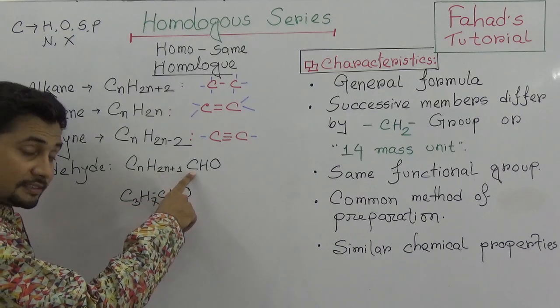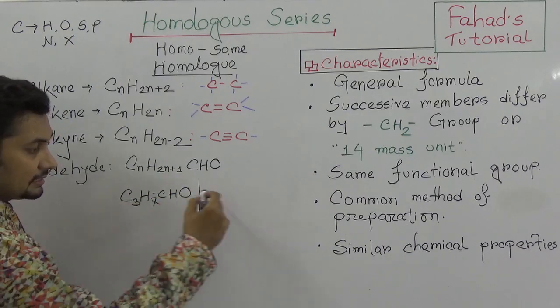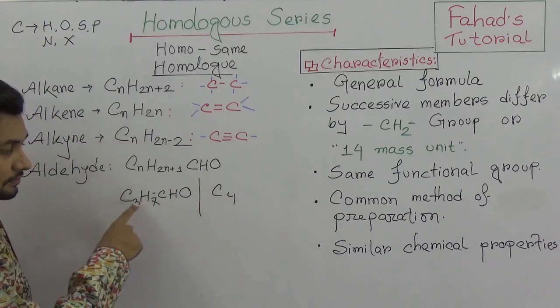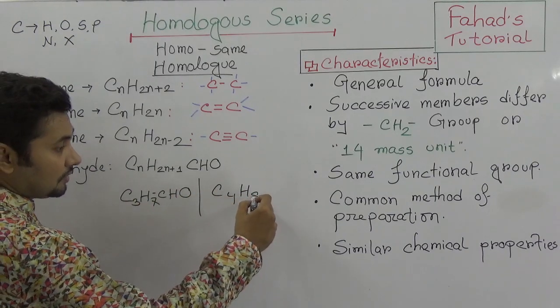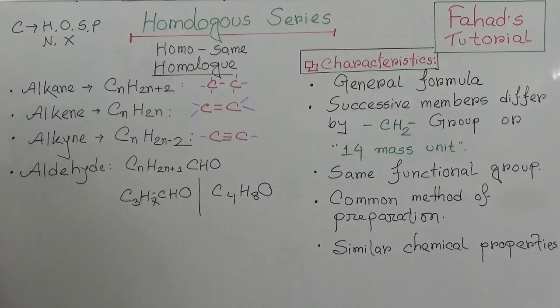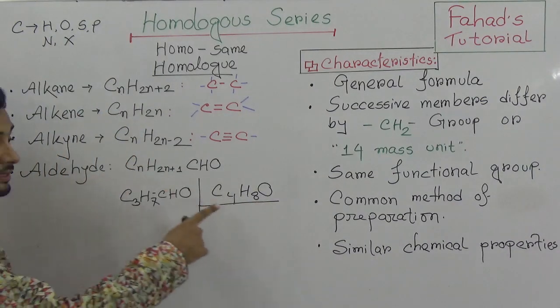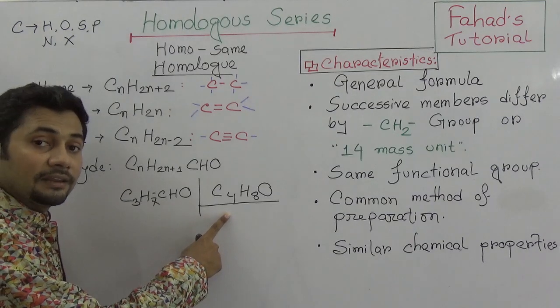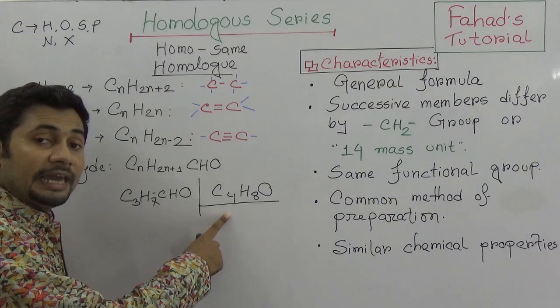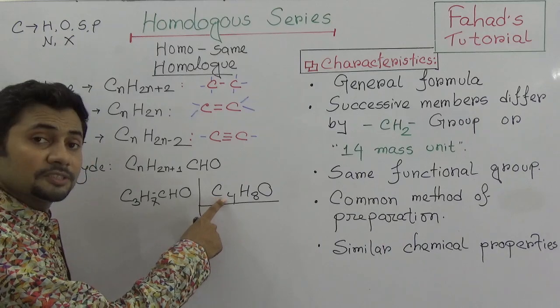Because there is another CHO, so simply we can write it C4H8O, that is aldehyde. So we can say this is butanol or butyl aldehyde because the number of carbon is 4.